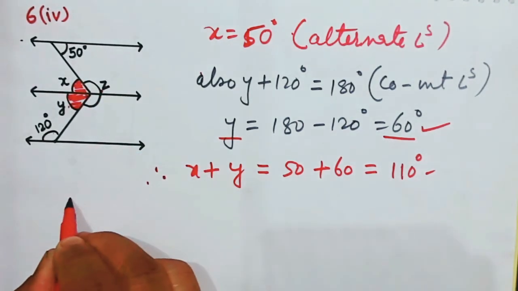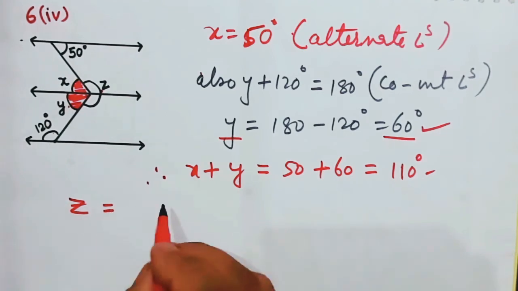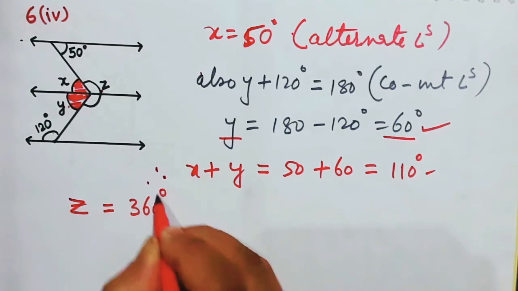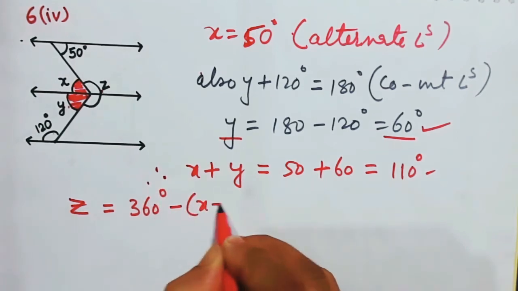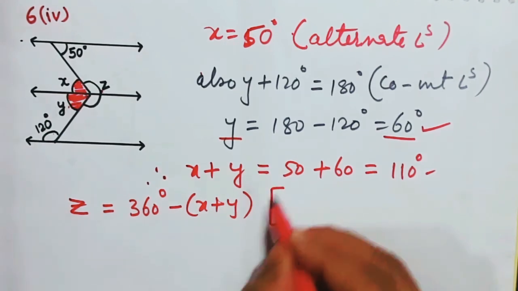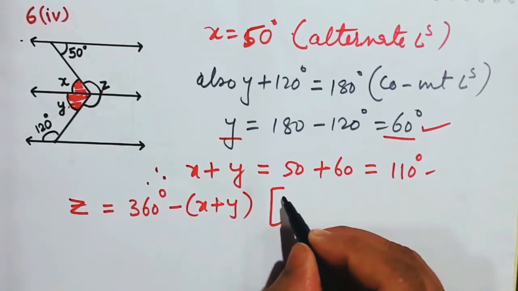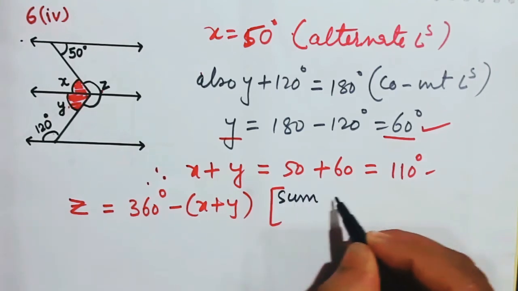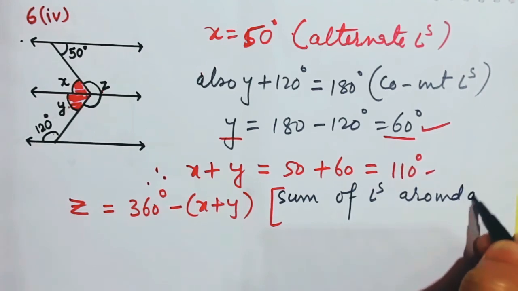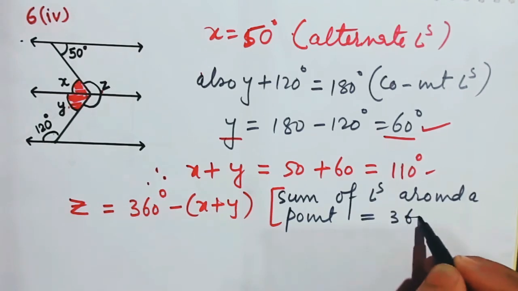So the value of z will be equal to how much? 360 minus (x plus y). Because again you have to give a reason. Sum of angles around a point is equal to 360 degrees.